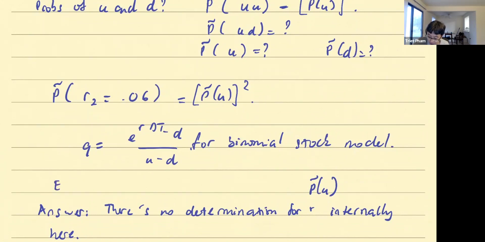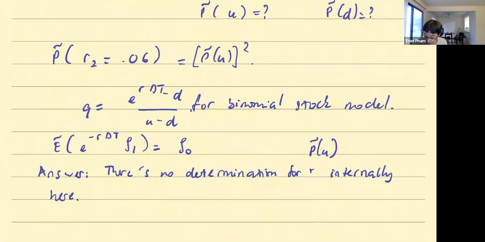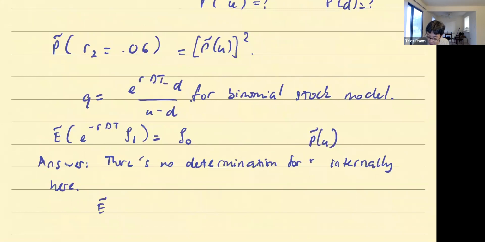The price of the future stock discounted must be the current stock. Exactly, very good. But do we have a pricing equation like that on the interest rate tree? Can we say something like this? Exactly, Dylan, you got that. So is there something like that here? I don't know.